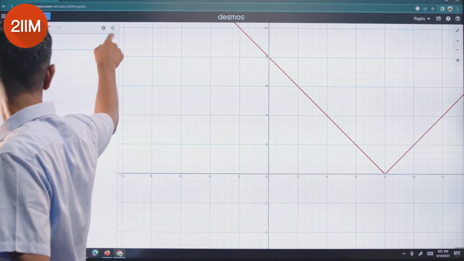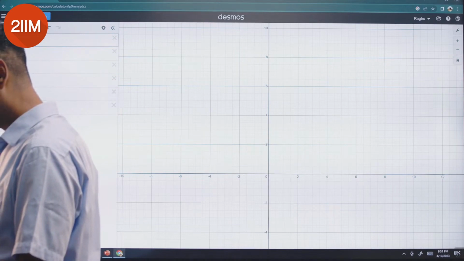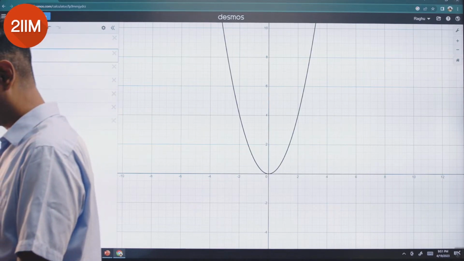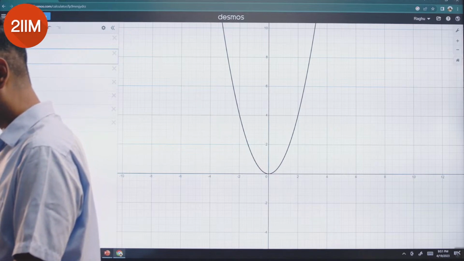Go here, close this, and draw y equal to x square, and then y equal to minus 6x square.